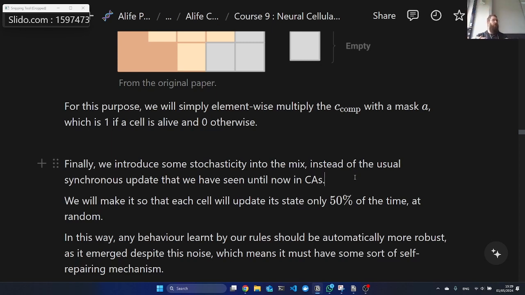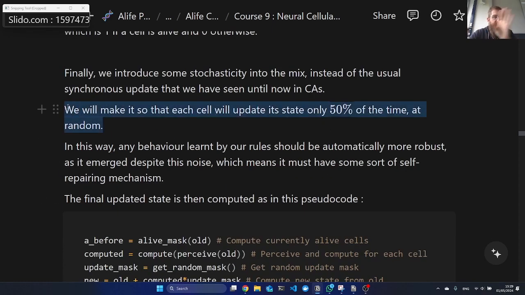That way not all the cells will update at the same time, and it will be more similar to living things, where not everything happens at the same time everywhere. It's very simple. With 50% chance, a cell just remains its own color and does not change anything, and with 50% it does all of this perception, computation, etc., and actually updates.